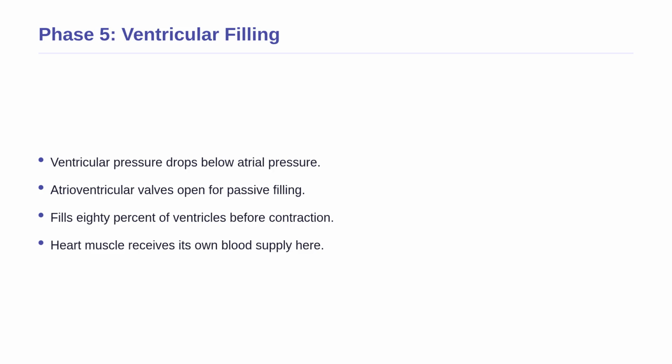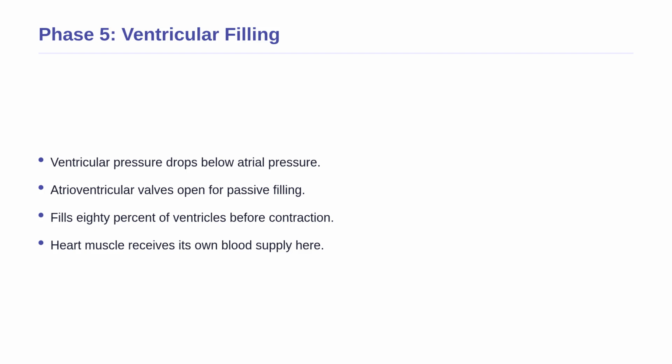Finally, as the ventricles continue to relax, we reach the fifth phase, ventricular filling. When the ventricular pressure drops below the pressure in the atria, the atrioventricular valves open again. Blood that has been quietly pooling in the atria rushes down into the ventricles completely passively.